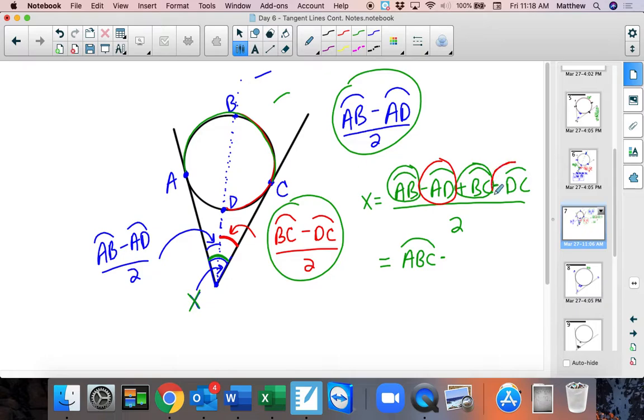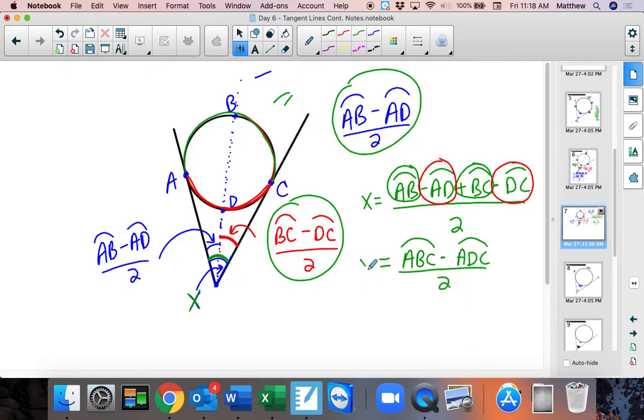This plus this is going to be this angle right here. So go back to green. And we've got minus arc ADC, that small arc, over 2.